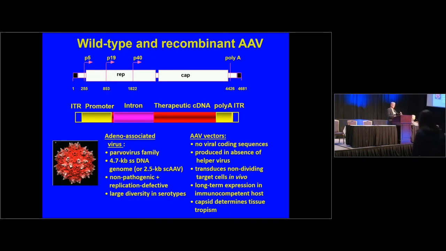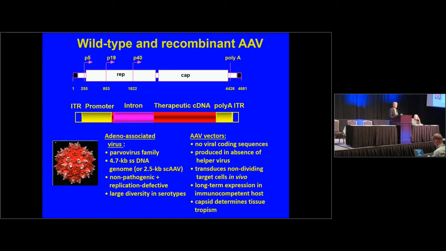So as you are aware, a lot of us are very fond of adeno-associated viral vectors because they are efficient in transferring genes into cells in vivo, so that you can administer the vector directly into the experimental animal or into a patient and transfer genes into various types of tissues.